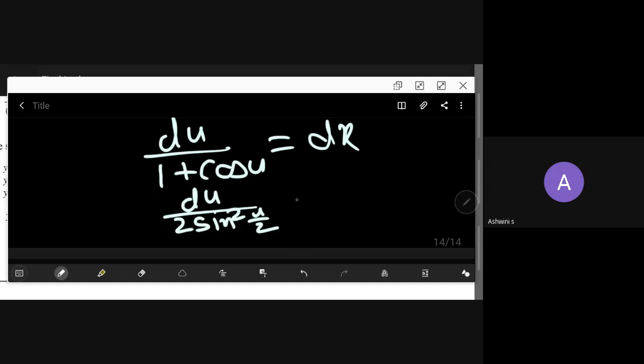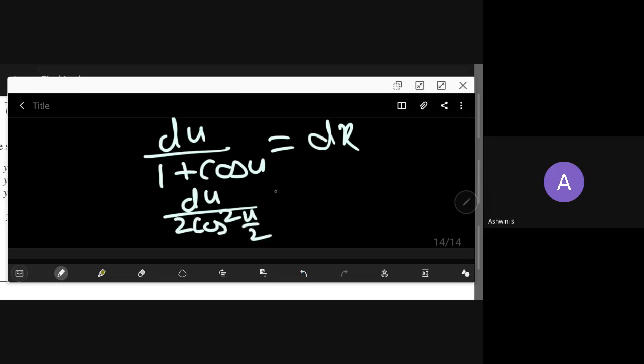Oh, sorry. Not sine square, cos square. So we have 2 cos square u by 2 is equal to dx.